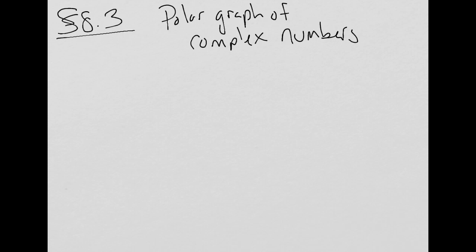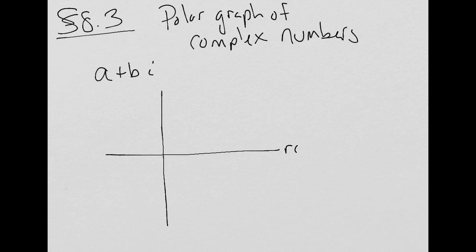So if I start with a complex number, say a plus bi, I can graph this in rectangular coordinates by looking at the two axes, one as real and another as imaginary.